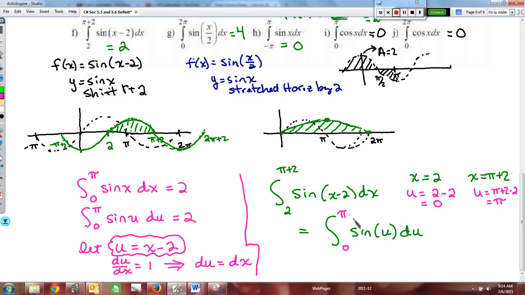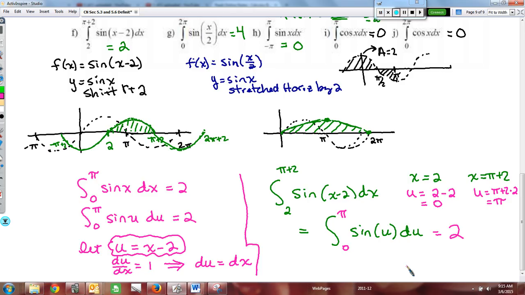And you can see that by kind of removing the transformation, we see that we still have the same area that we had before, which is 2. It's another approach to this, something that will come in handy later on down the road to take problems that are complicated, to take out some of these transformations that occur, and to turn it into an easier problem that we can integrate fairly quickly.